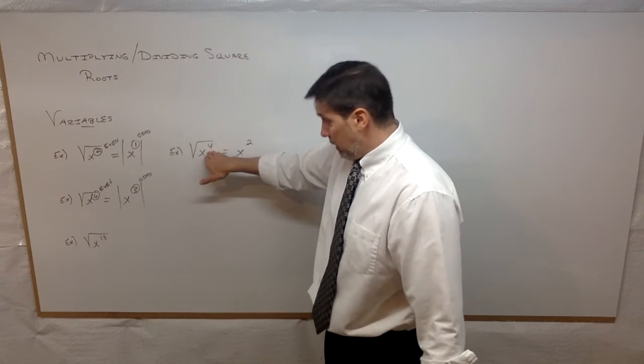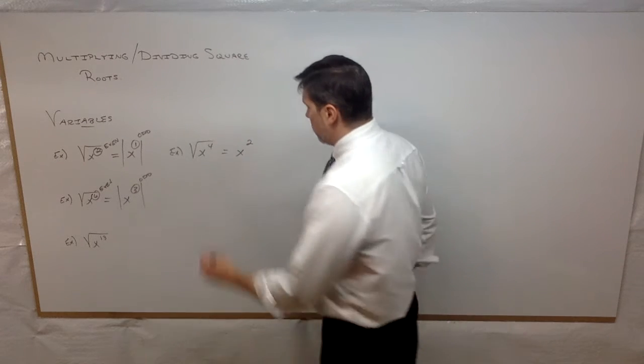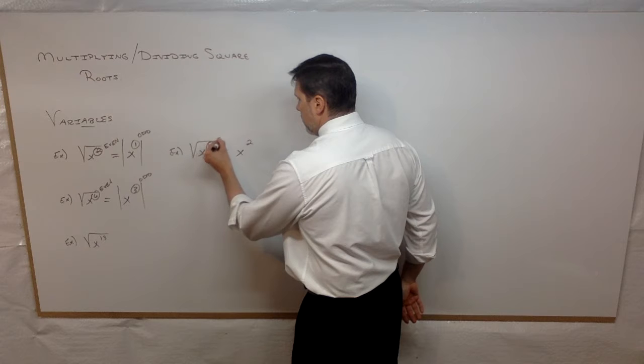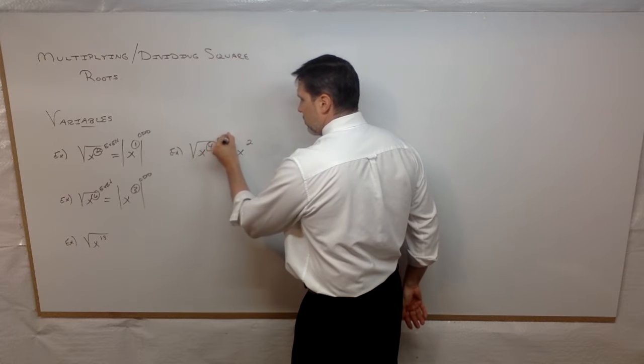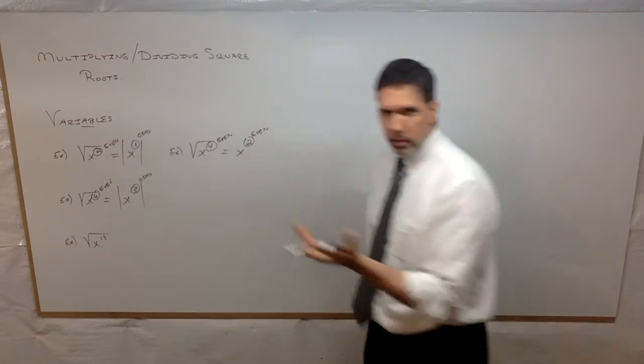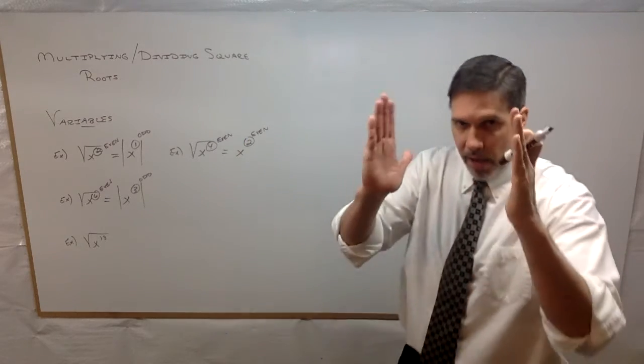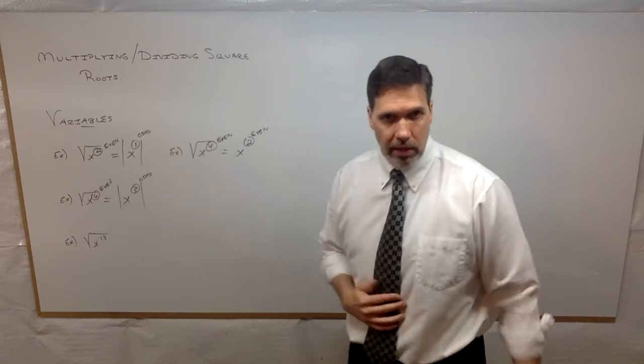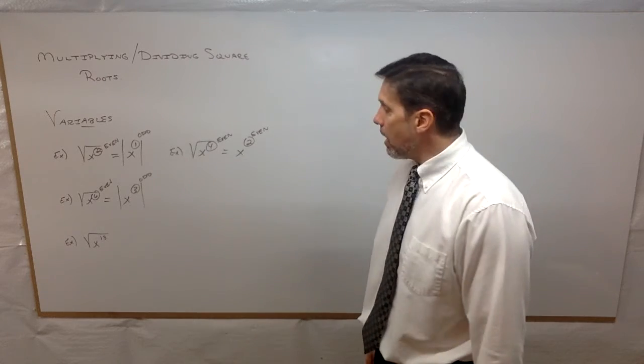We had an even here for sure, but then we had an even again, and an even power will guarantee that it is positive. So putting absolute value is overkill. It's like putting absolute value around 6. We already know it's positive.